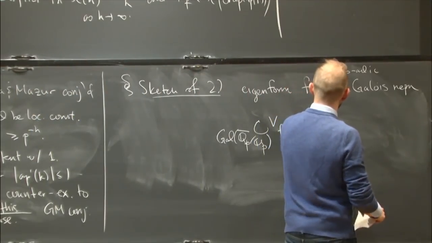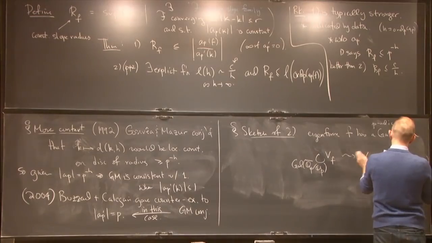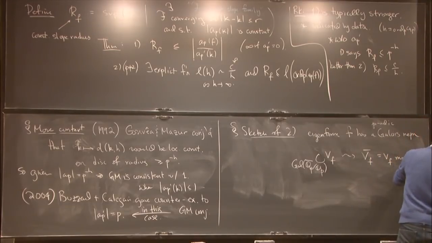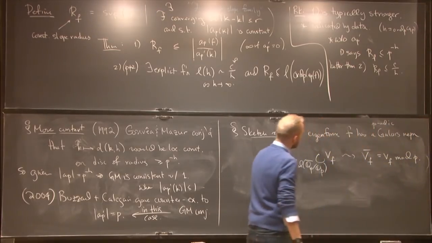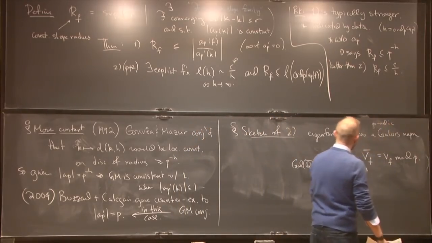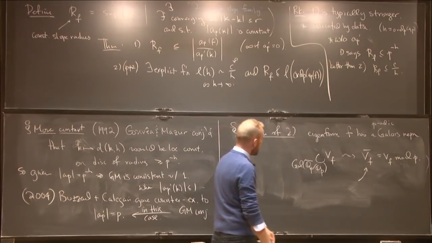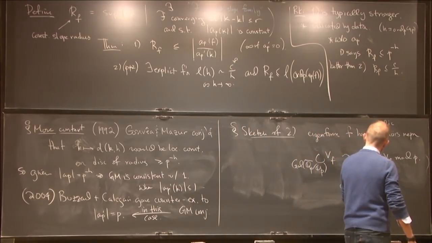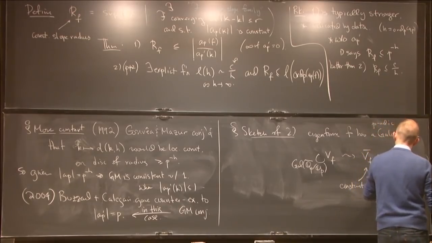And if you have such a thing, you can pick a lattice and reduce it mod p. Okay, and this is now a Galois representation over a finite field, and it's constant in a family.